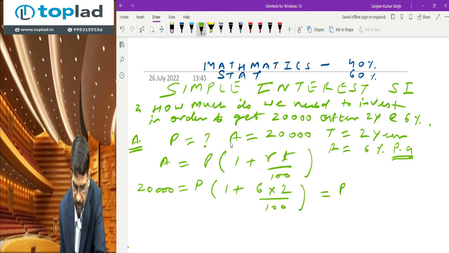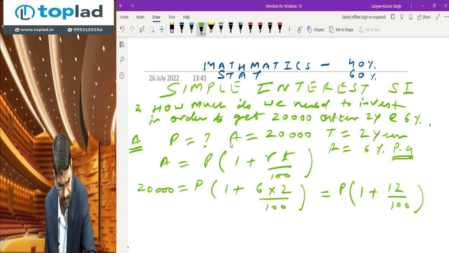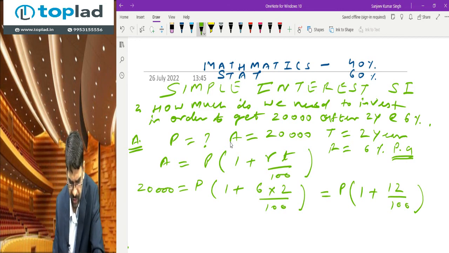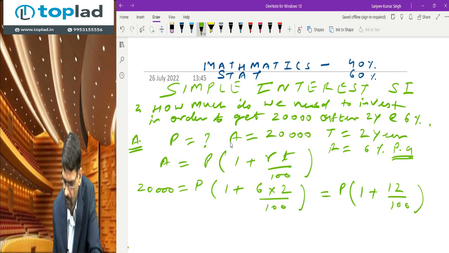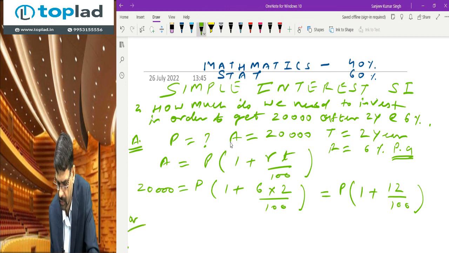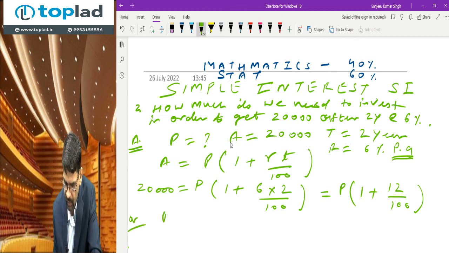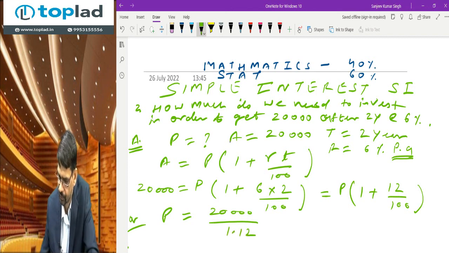So P is equal to 20,000 divided by (1 plus 12 divided by 100). You can use a calculator. So P is equal to 20,000 divided by 1.12.